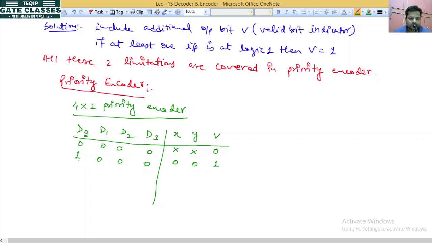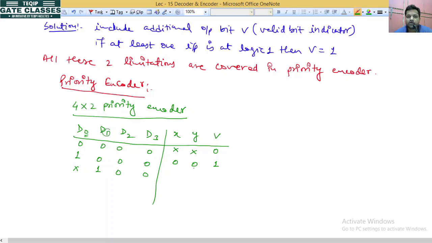Now in the next case, suppose we have X here. Why do we have X? Because more than one input can be 1. Okay, na. So if you place X here, it means what? It will include 0 and 1 also, and we have to put 1 here. Okay, na. If X is 0, then no problem, this 1 will be reflected on the output.